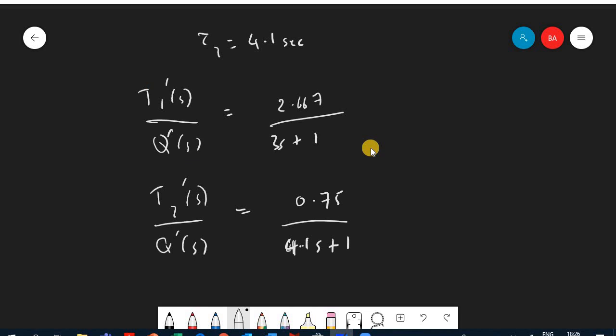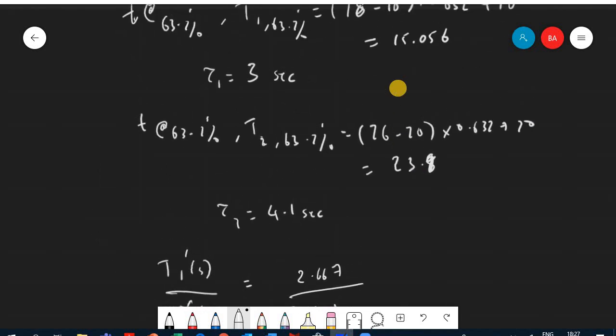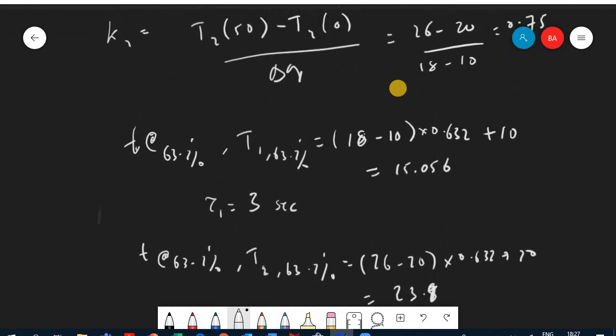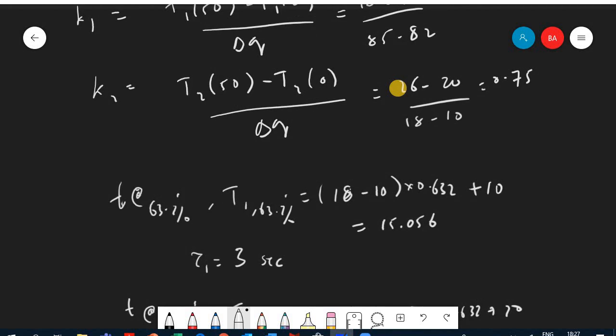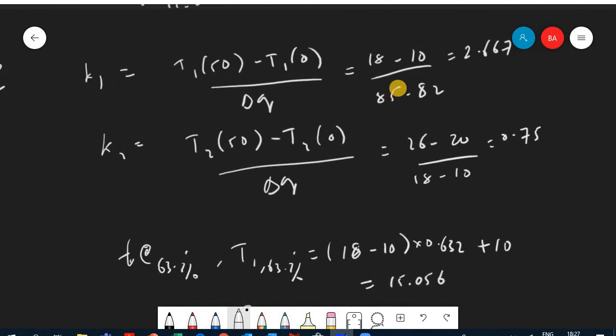But hold on, let's check. Was this K that we had obtained for T2 with Q or T2 with T1? I need to check that again. No, that was T2 with Q. Oh no, that was not T2 with Q.